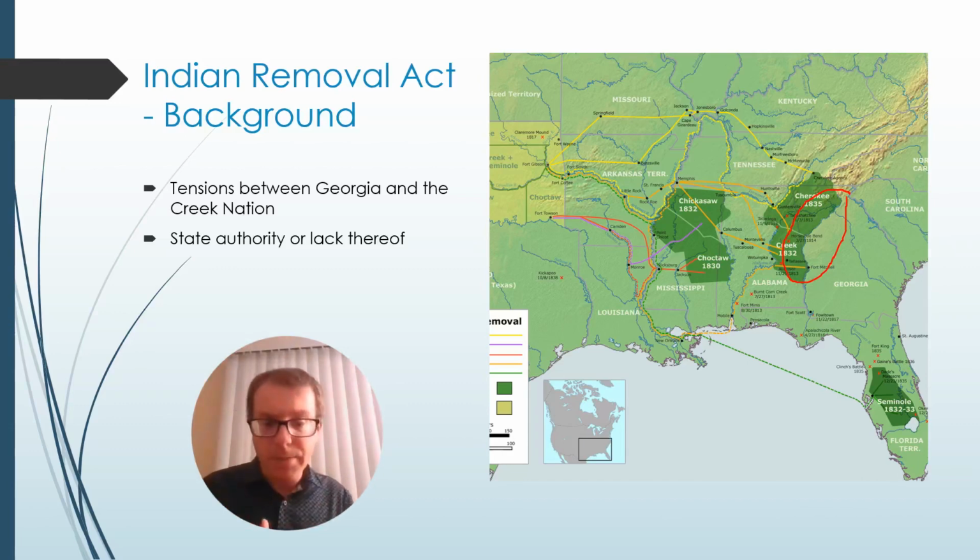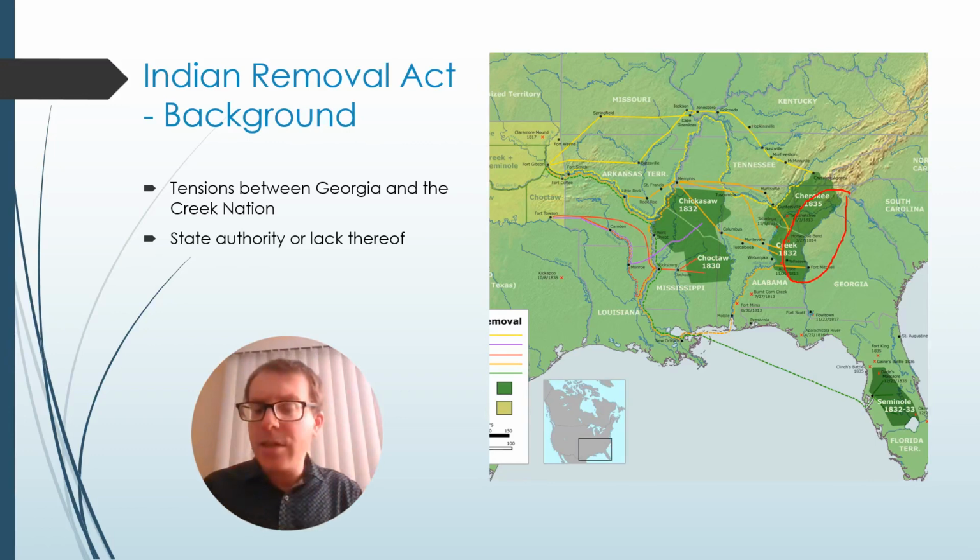But Georgia has a problem, because traditionally only the federal government had the power to sign treaties with Native American nations. State governments were generally not allowed to do so. And Georgia, by signing these treaties, is essentially pushing the limits of federal law.